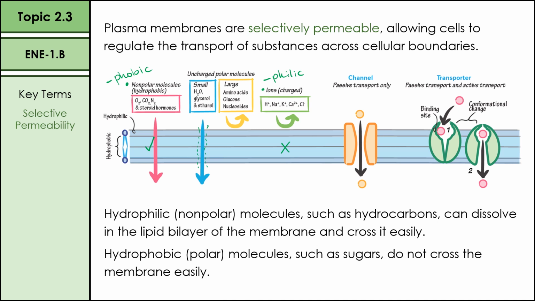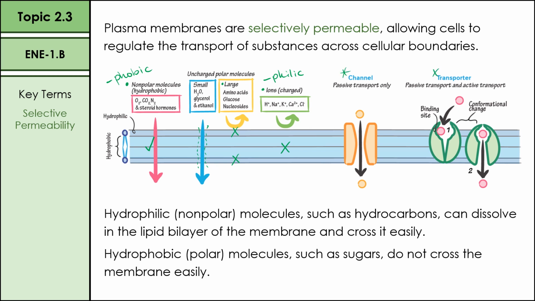So we can cross easily through the bilayer. If we're really large, we cannot pass through those phospholipids. We can't squeeze in the middle. So we are relegated to using other methods to cross the bilayer.